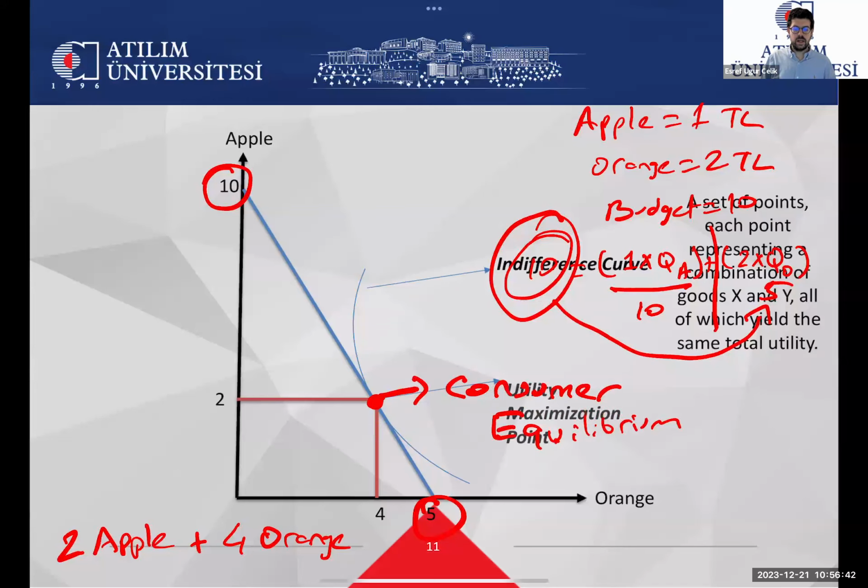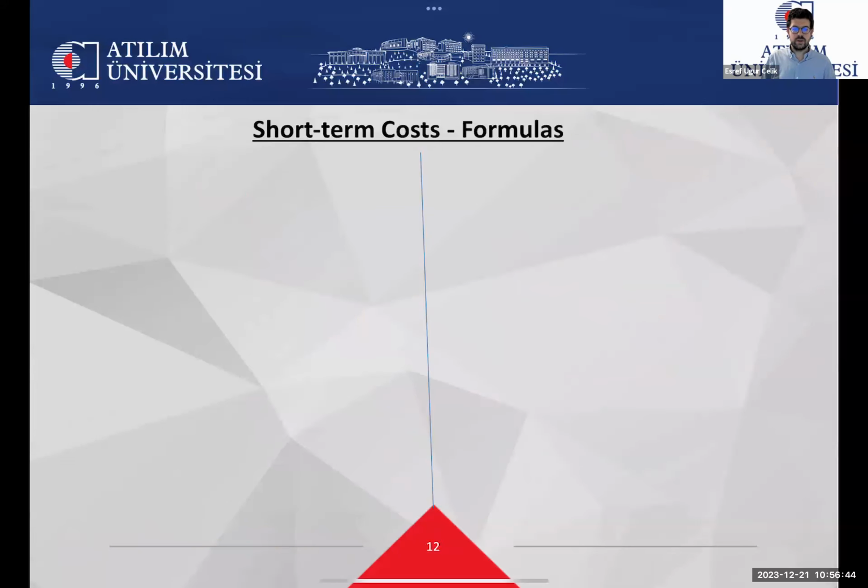Okay, then let's skip the short-term formulas part. Okay, let's firstly write down, then we can remember. I said the first formula is total cost is equal to total fixed cost plus total variable cost.